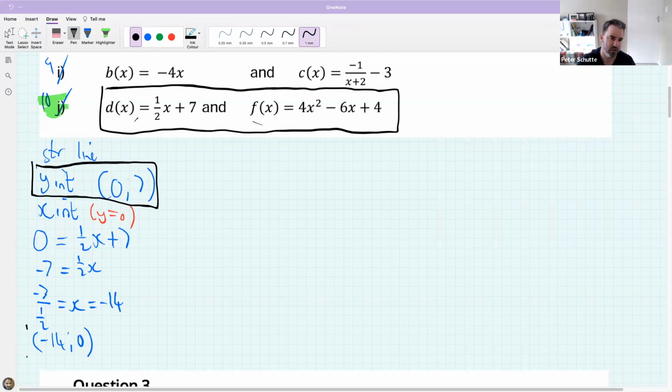Okay, so I've got my x and y intercept for the straight line. And now I need to work on the parabola. And once you're done working on the parabola, I want you to say done in the chat.